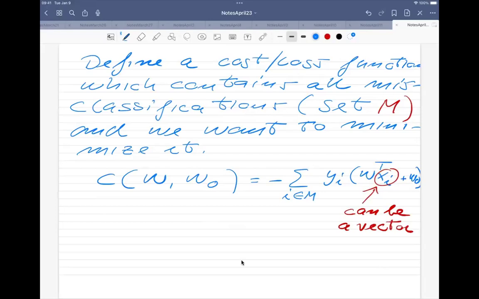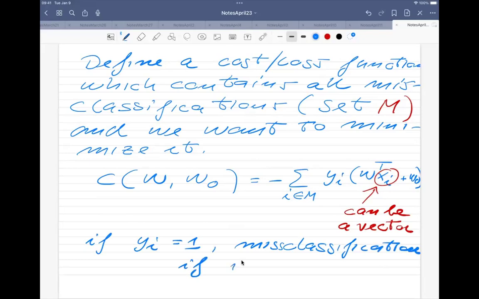And we know that if y of i is equal to minus 1, then we have a misclassification if our model, so we have trained a model where these parameters, W0, are less than 0.